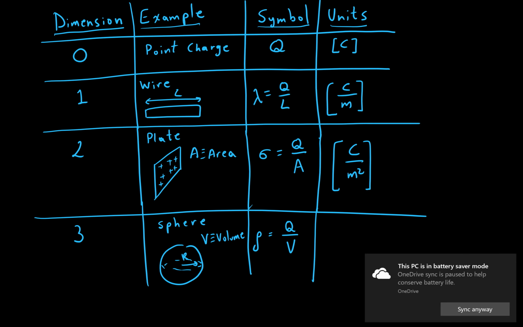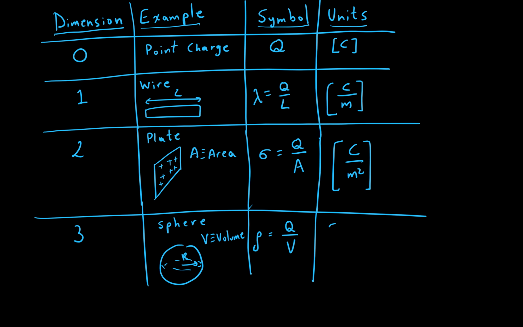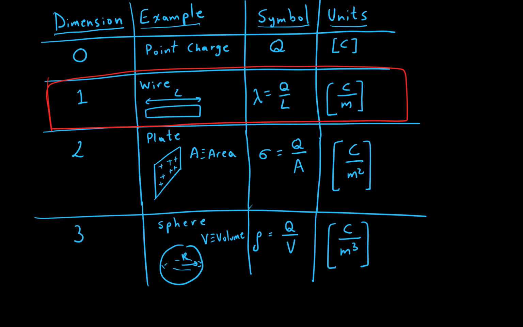Here we can write coulombs per meter cubed if we're sticking with that convention. So these are all examples of intensive properties, and the one that we have in our example is a one-dimensional wire. We'll continue more on how we use this step for our next step in another video.